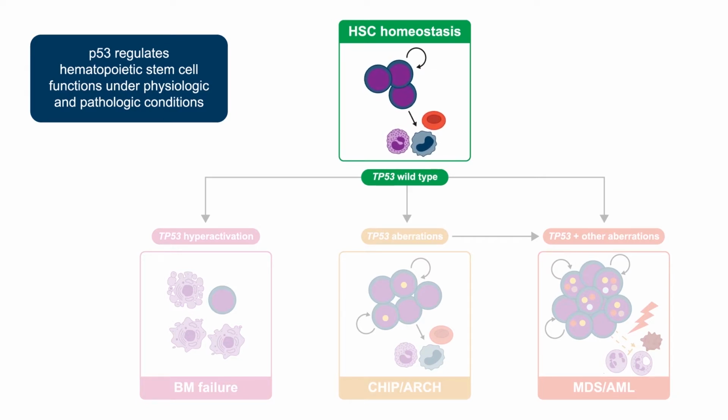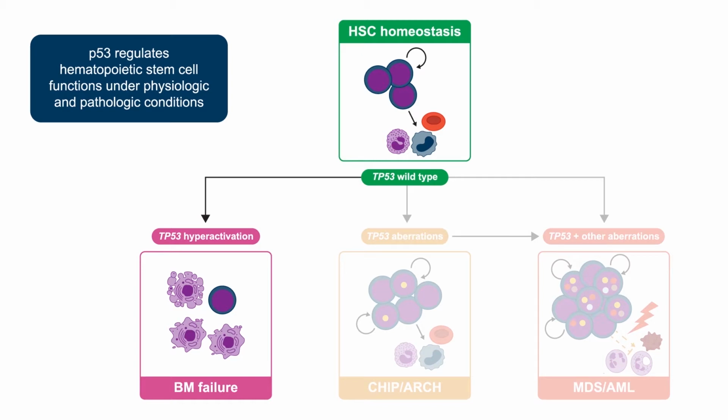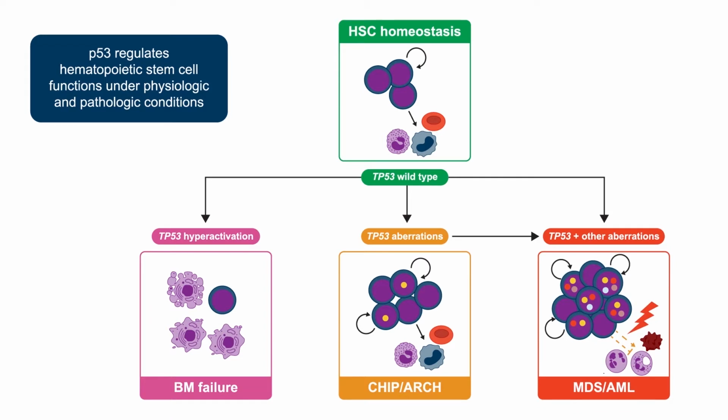But despite those checks, P53 mutations do occur and do take, and they lead to various types of myeloid problems, including bone marrow failure, including aberrations that lead to clonal hematopoiesis, as well as abnormalities in conjunction with other mutations and cytogenetic alterations that lead to flat-out myelodysplastic syndrome and acute myeloid leukemia.